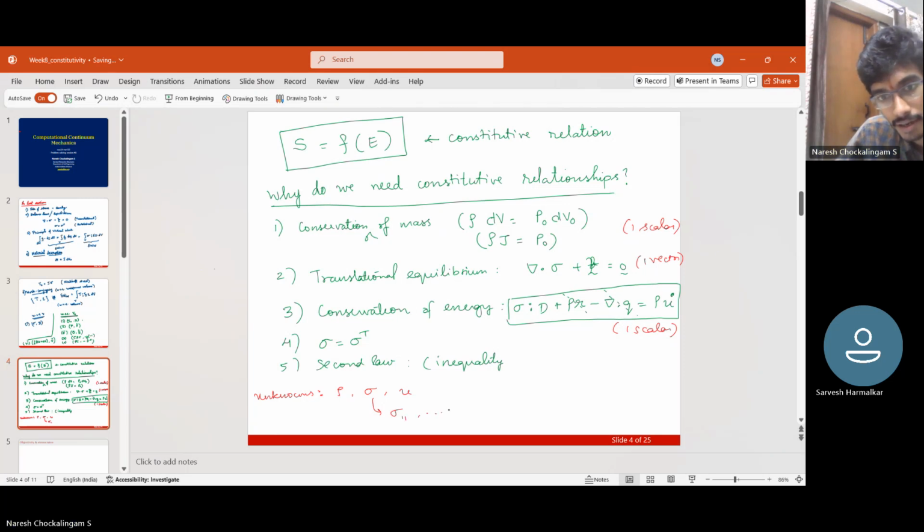So 6 plus rho plus U gives 8 unknowns for a purely mechanical system. And how many equations? We have only 1 plus 3 plus 1, which is 5 scalar equations.